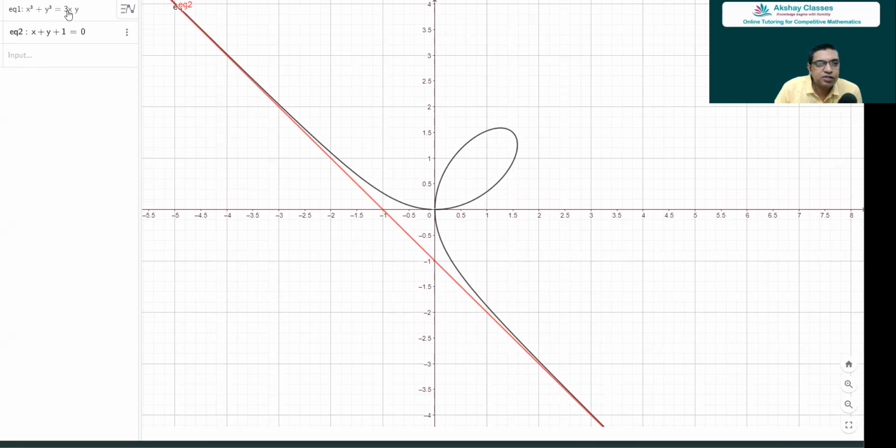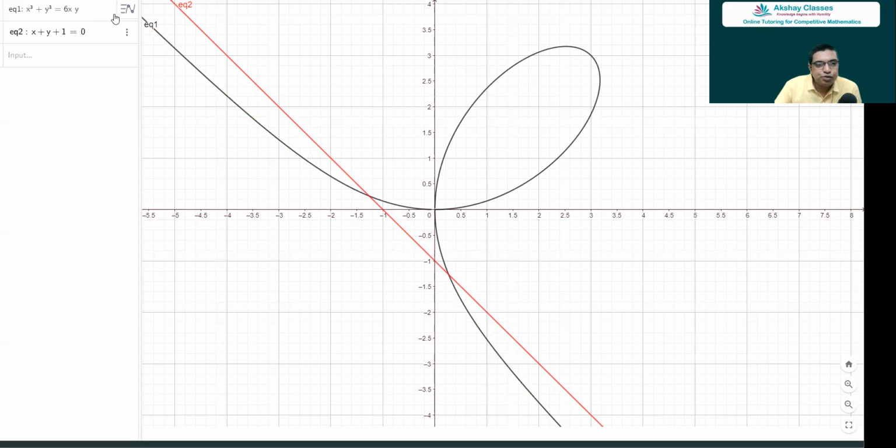Now, suppose I make a equal to 2. So I get x cube plus y cube equal to 6xy. So my asymptote should be x plus y plus a, so a should be 2. I do that.